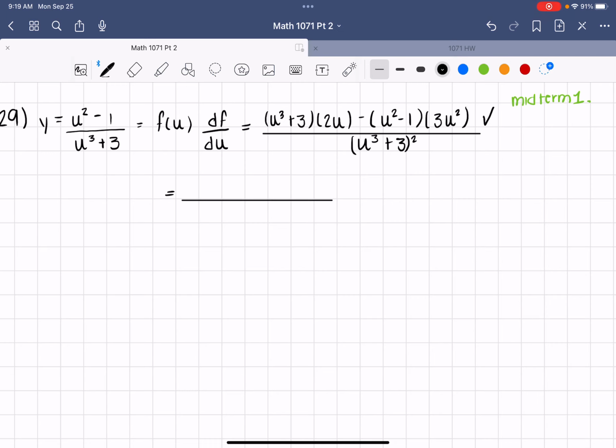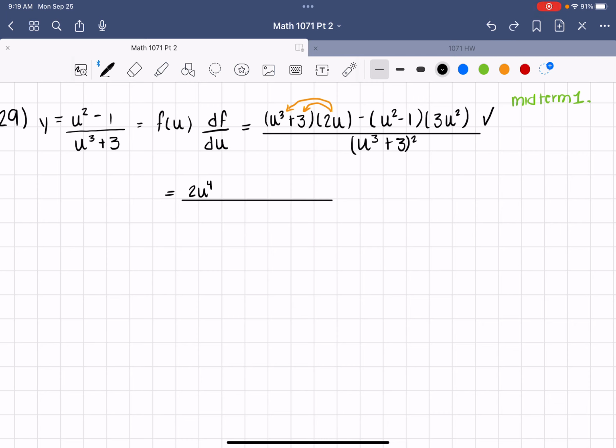So here I'm going to distribute the 2u. I like to save orange for steps. I'm distributing 2u over these parentheses. So that gives me 2u to the 4th, right? u cubed times 2u, add powers. 2 times 3 is 6u, minus.